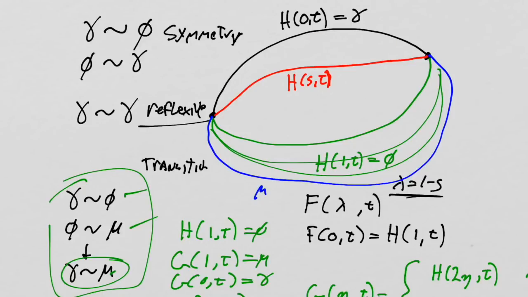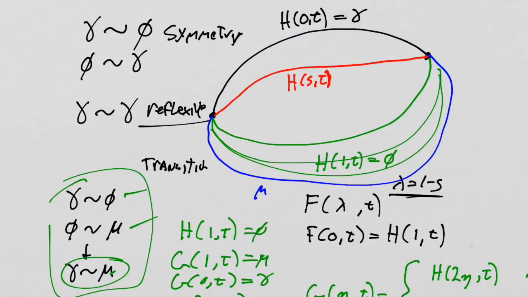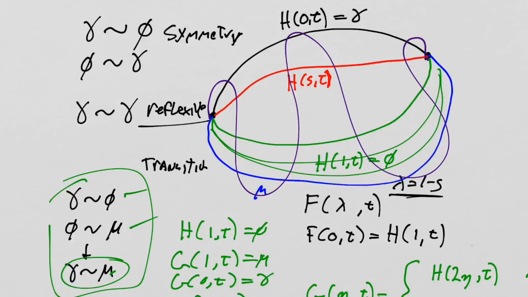Now, the way we've drawn this, of course, doesn't inspire much fascination, because what two paths would not be homotopic? I already said that paths can intersect, so if I came up with some random weird path, say a purple path that did this, that doesn't matter.